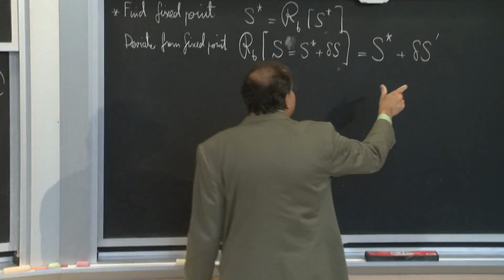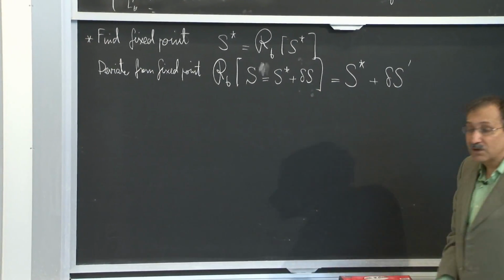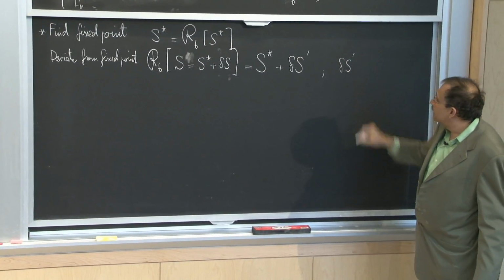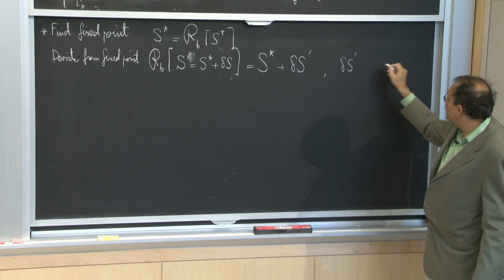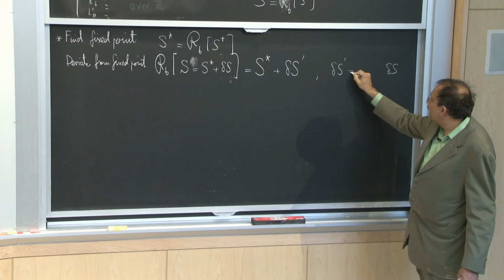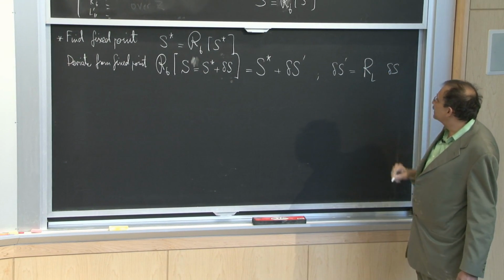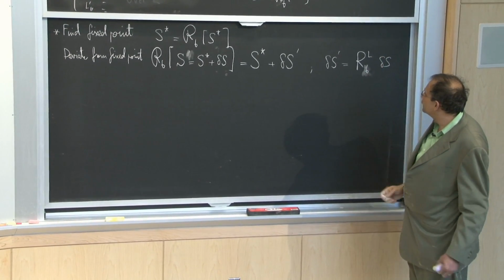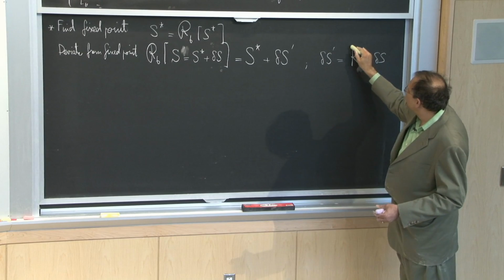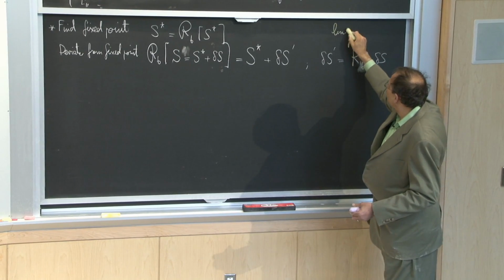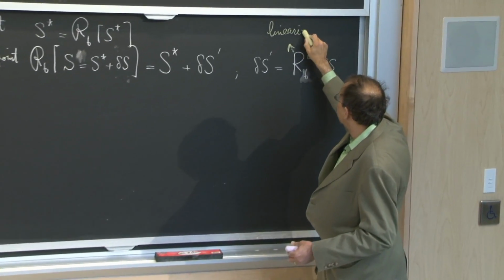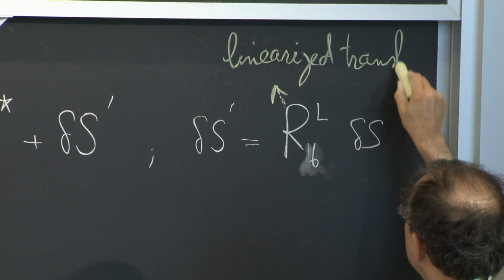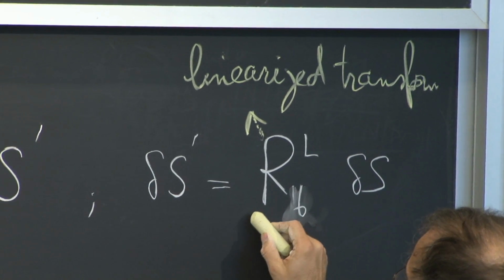Similarly, I'm assuming that this delta S is small, and therefore delta S prime can be related to delta S through the action of a matrix that is a linearized version, let's call it here R_L of B. So this is a linearized transformation, which means that it's really a matrix.